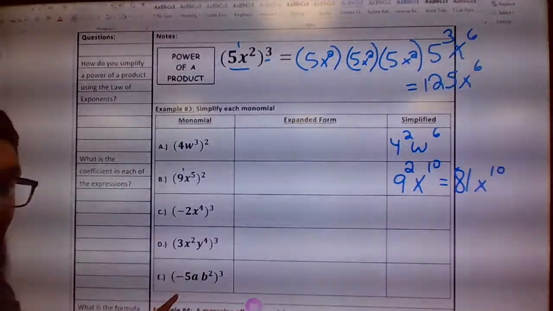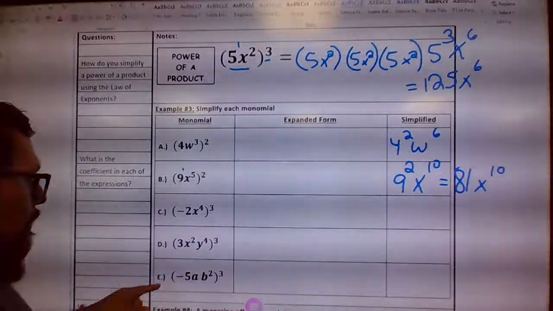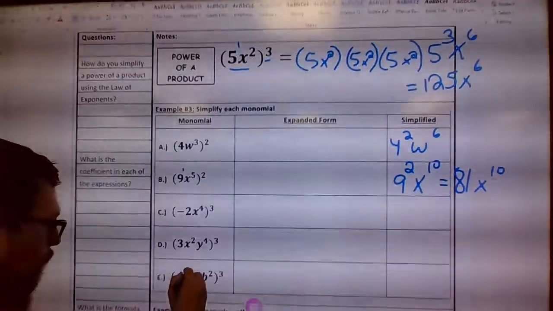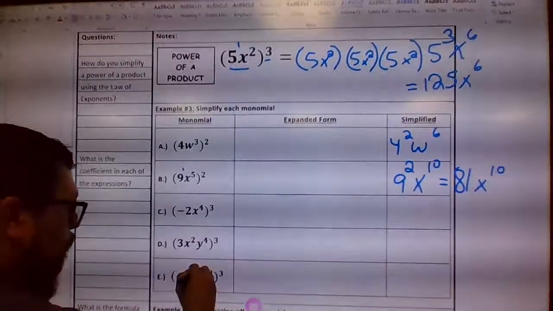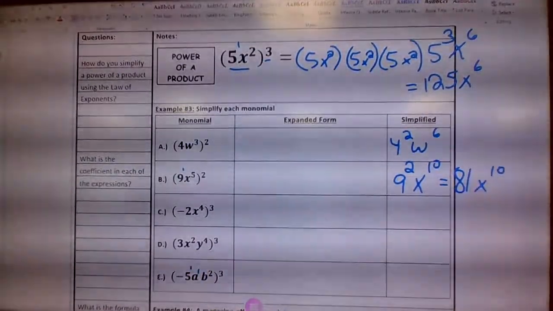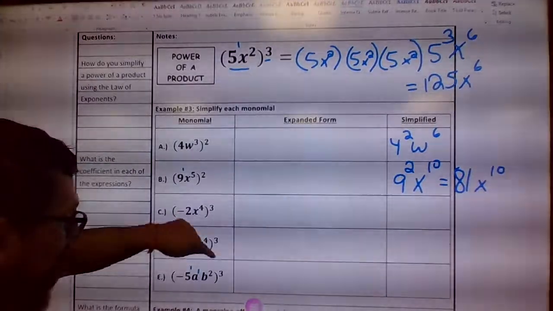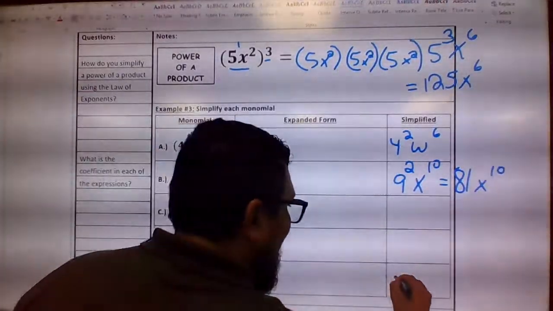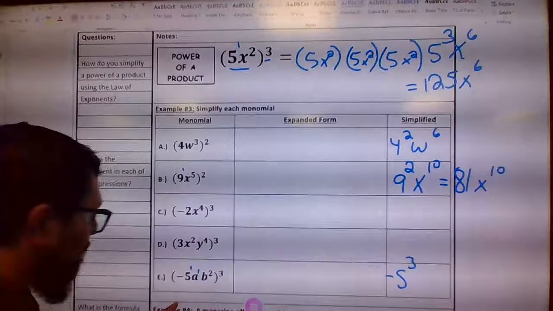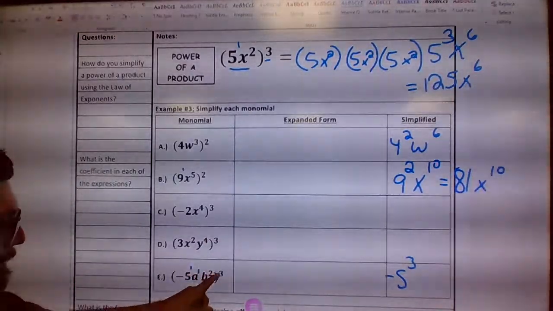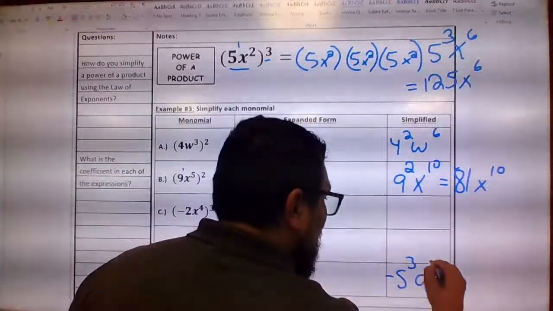And then for this one, for E, again, there's a 1 on top of the 5 and a 1 on top of the A. So 1 times 3 is 3, so it's negative 5 to the third. A, there's a 1 there, 1 times 3 is 3, so it's a to the third.